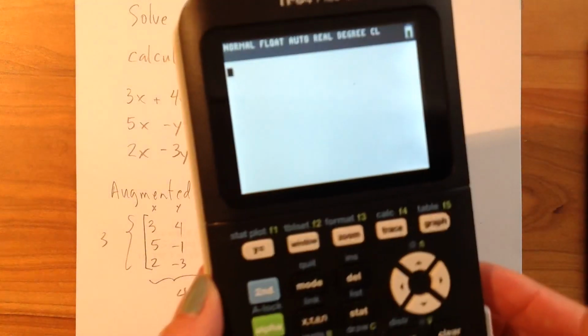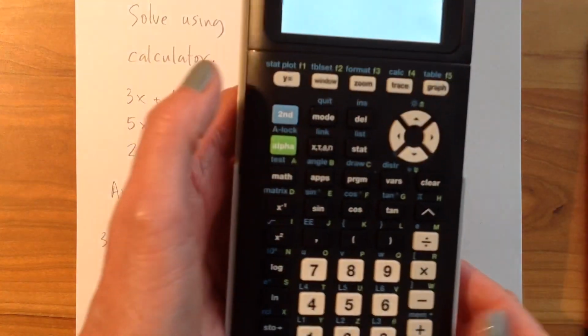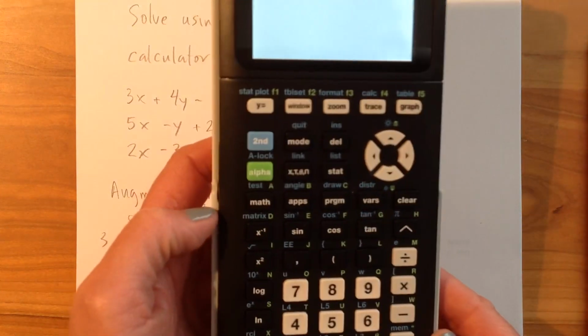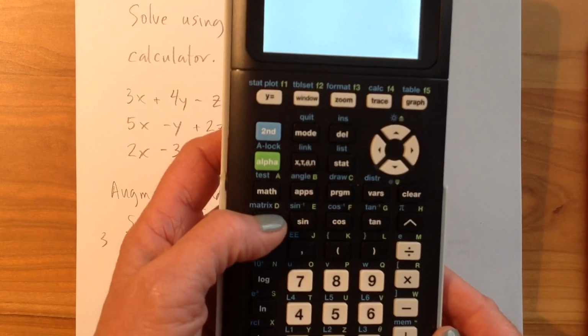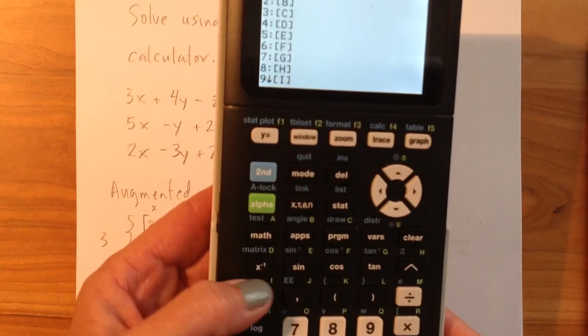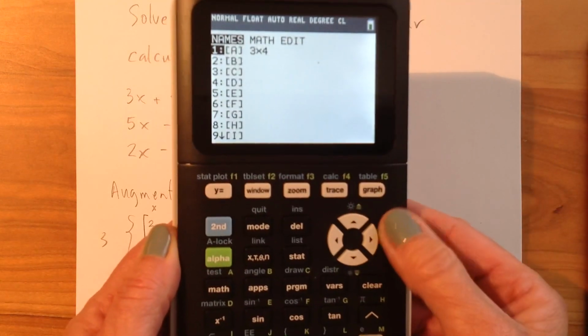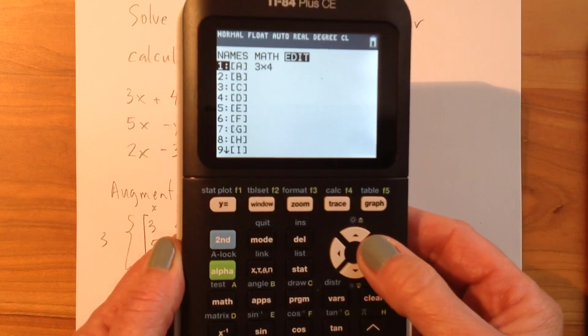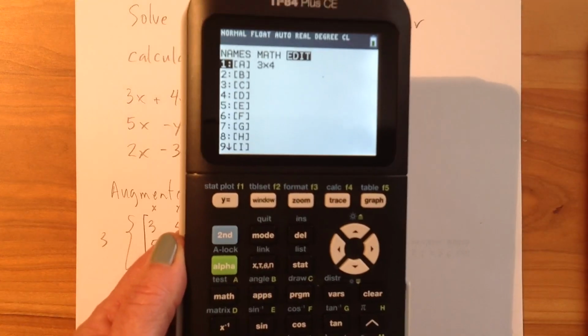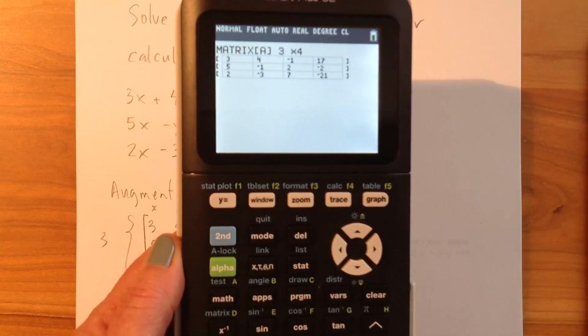In your calculator, you're going to go to the matrix. Press second, then x negative 1, and you get to the matrix. We're going to cursor over to edit because we need to enter the matrix. So we'll press edit, enter. In ours, we're going to have a 3 by 4 matrix.